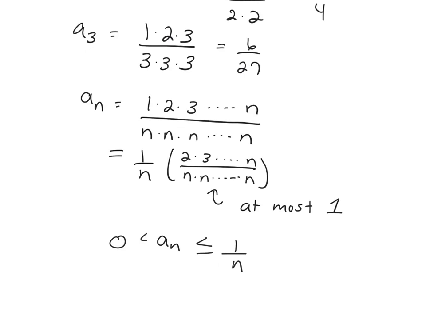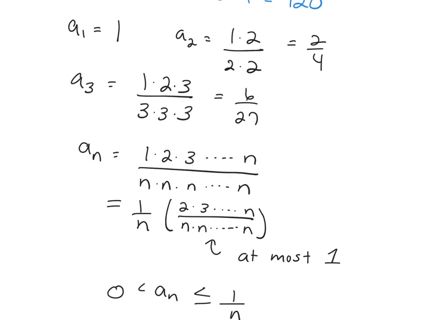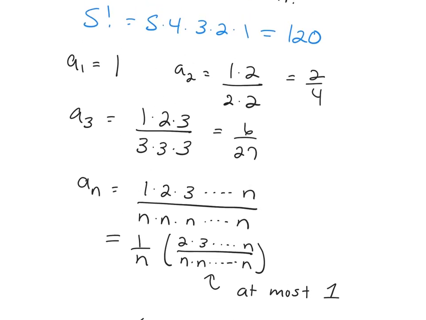So in the parentheses, is it at most 1 because, like, if you plug in 3, it's 2 times 3 over 3 times 3? Yeah, because you have the same number of things being multiplied in the numerator and denominator. So when we wrote down these examples, I have the same number of things being multiplied in the numerator and denominator, but the numerator terms are smaller.